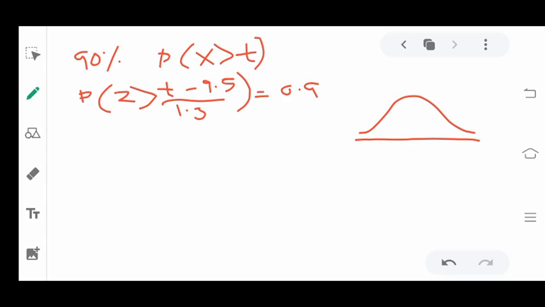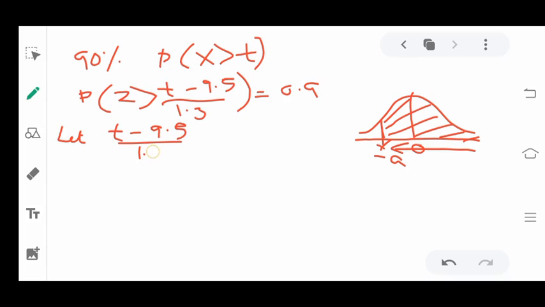It is 90%. That means when you look at this side, it comes to the left side of the mean. So this region represents t minus 9.5 by 1.3, and the value is negative here. So let's assume t minus 9.5 divided by 1.3 be minus a.